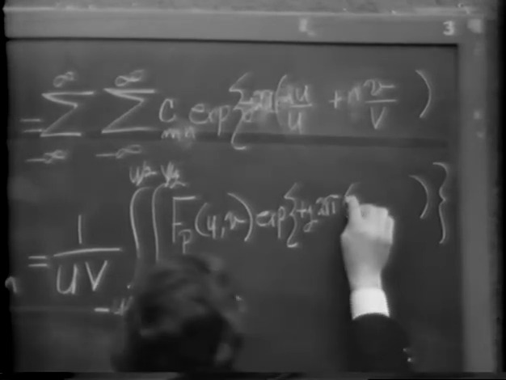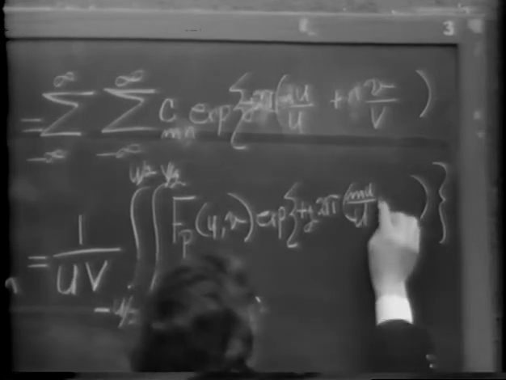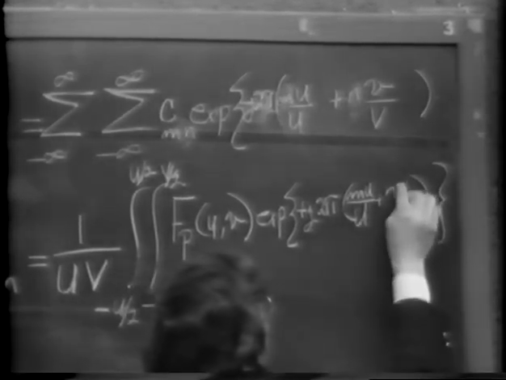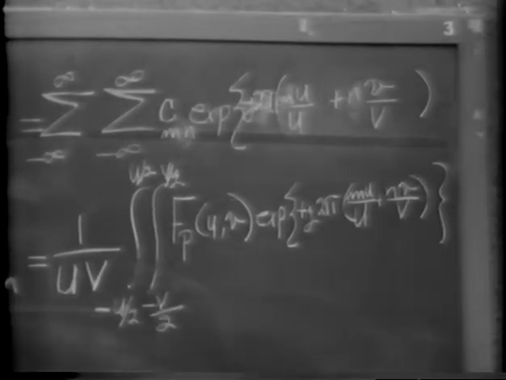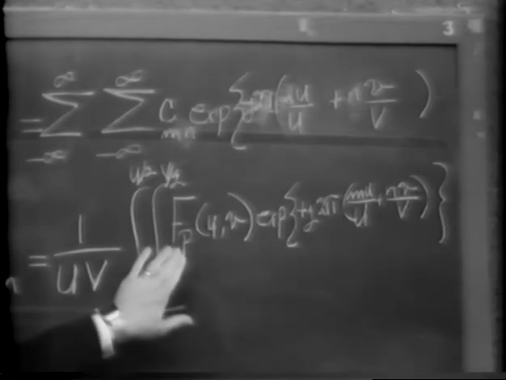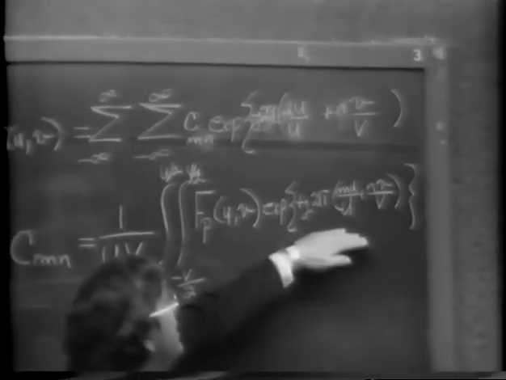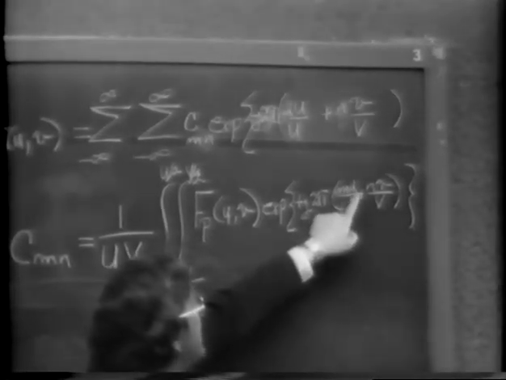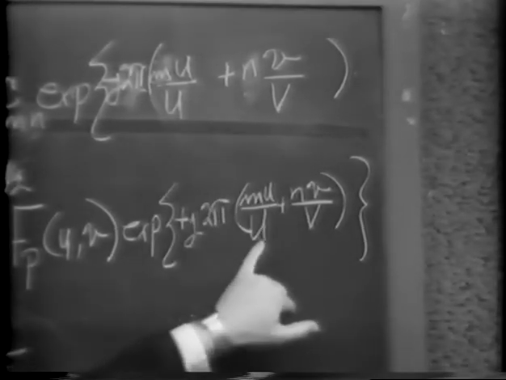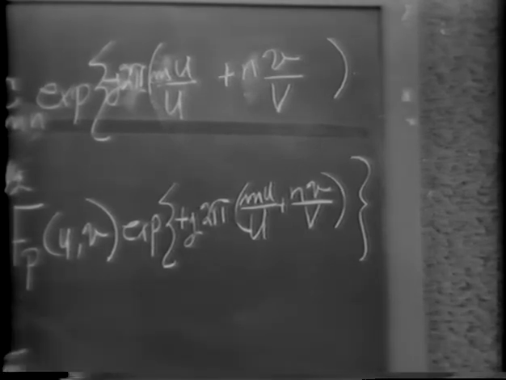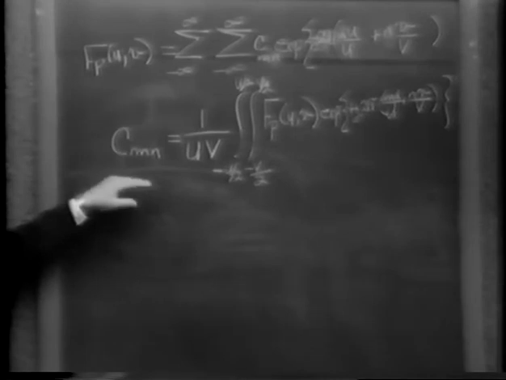This would still be m lowercase u over capital U plus n lowercase v over capital V. Since I know f sub p during that first replica, and this function we know very well as being our complex sinusoid of a continuous argument, in this case u and v, and the discrete values of m and n and the fixed constants capital U and capital V, I can certainly compute the C sub mn values for our Fourier series representation.